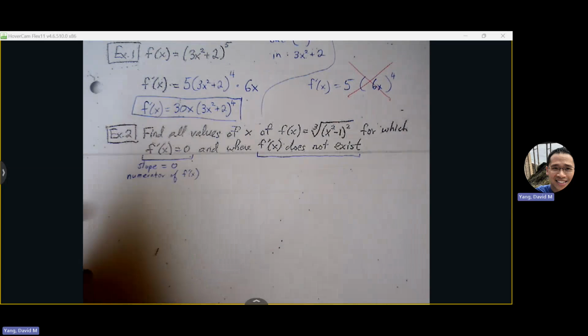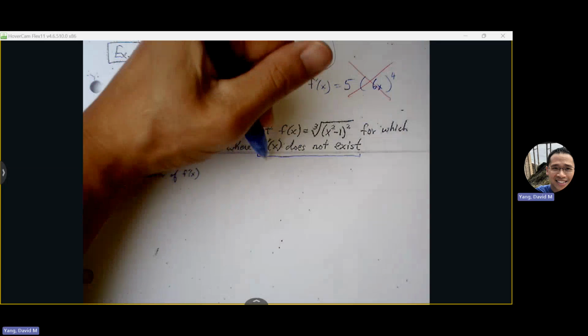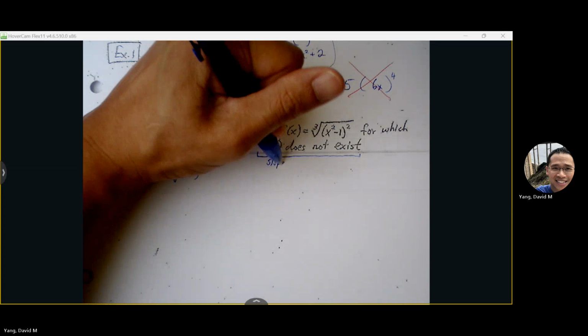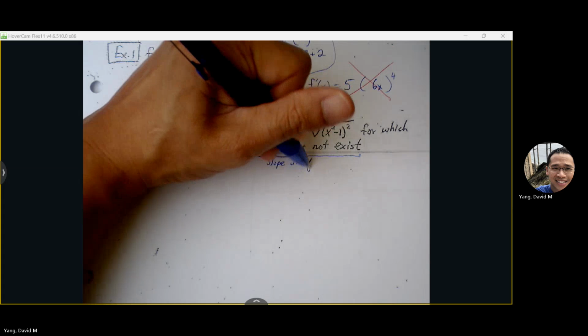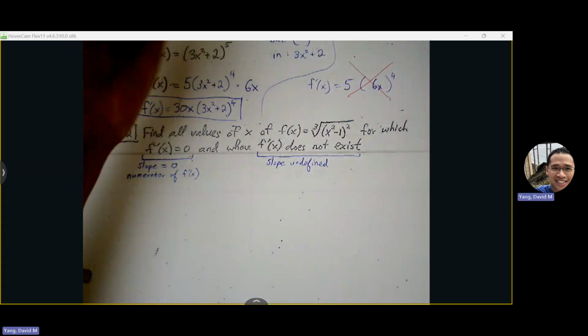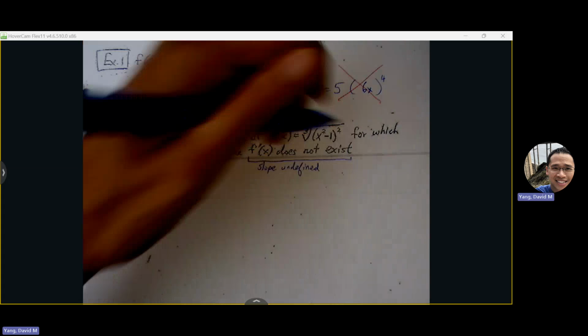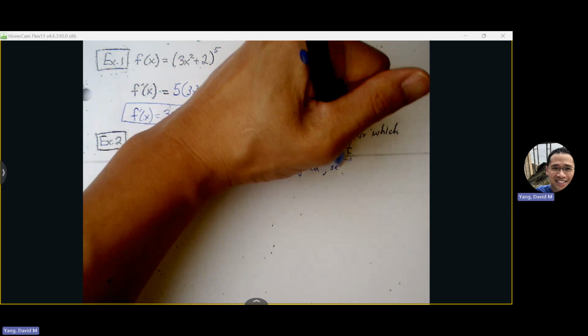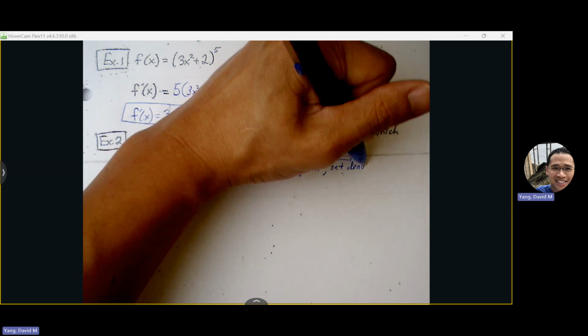F prime does not exist. That basically means slope undefined. And the way I find places where the slope could be undefined is I'm going to be setting the denominator of f prime equal to 0.